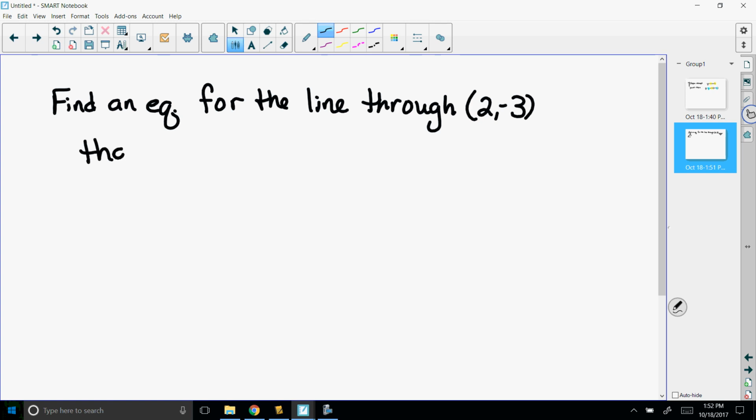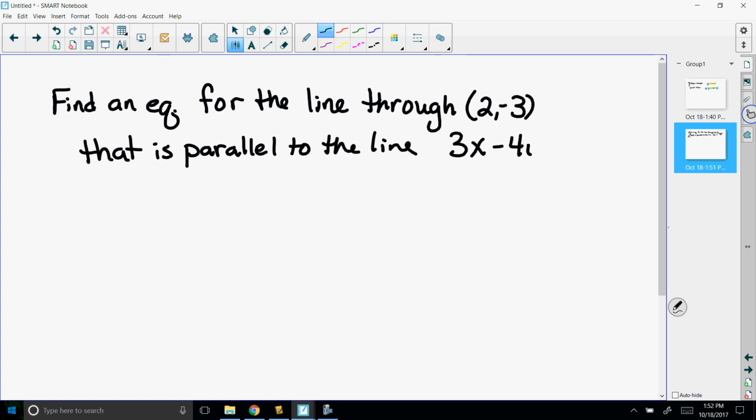Here's where it should sound familiar. That is parallel to the line with the equation of 3x minus 4y equals 7.